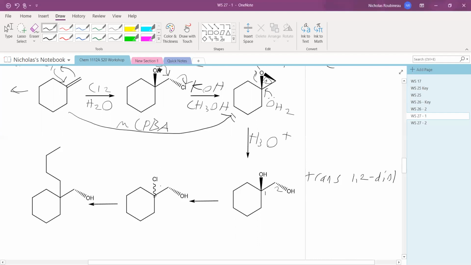So SN1 reaction, what are the conditions for that with an alcohol? It has to be weak or neutral. Yeah, so what are we going to use to substitute a chlorine for the alcohol here? We'd use SOCl2 if we were doing an SN2 mechanism, so that would be if we wanted to replace this alcohol with a chlorine and not the other one, because then I would favor this one.